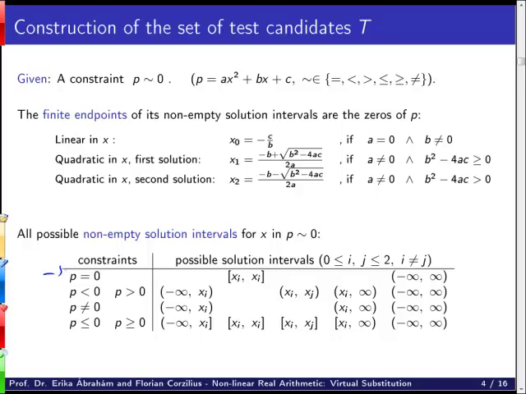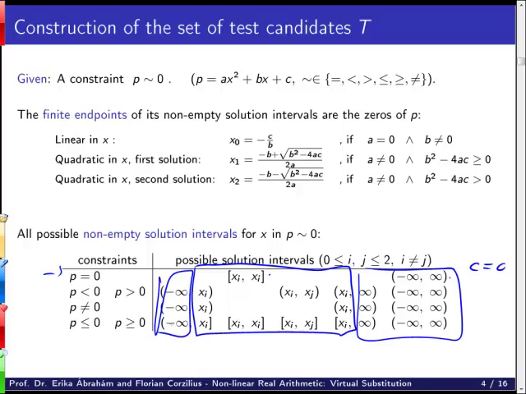For example, for p equals 0, we know either it is a point interval or it is empty, could also happen. And if it's not empty, then it could also be completely R. So for example, if the constraint would be c equals 0. Yeah. Okay. So here you see the finite endpoints, so the zeros, and the other ones are infinite ones.